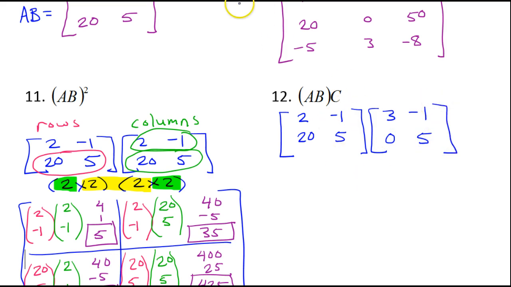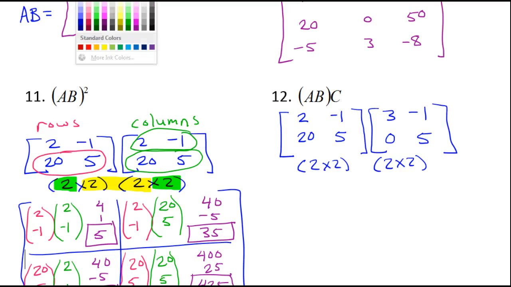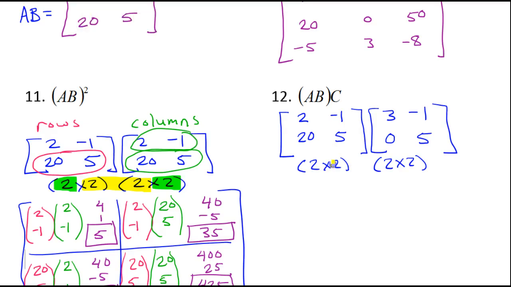Okay, so we've already done the dimension analysis before. It'll be the same analysis as problem number 11, because the first matrix is a 2 by 2 matrix. The second matrix is also a 2 by 2 matrix. This product will be possible because the inner dimensions are the same.